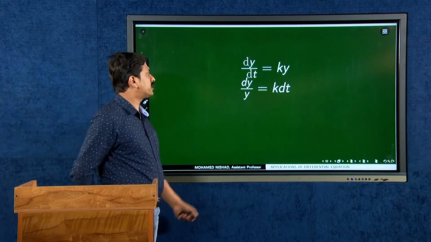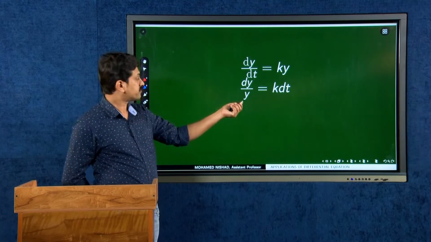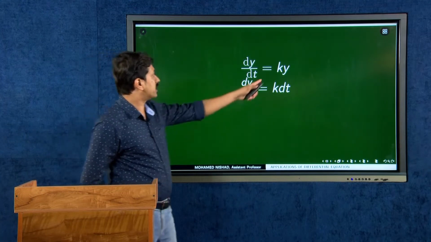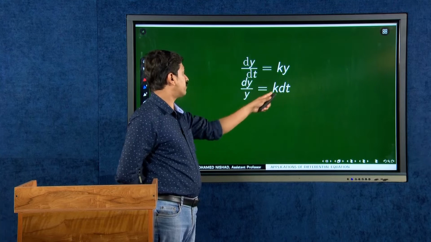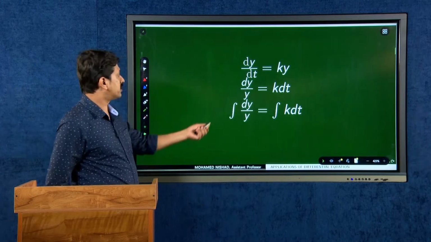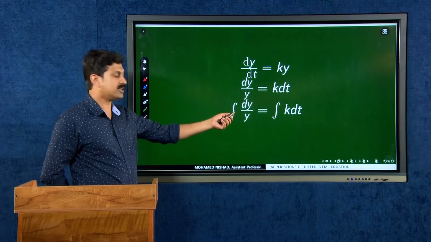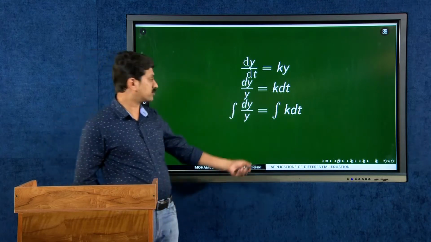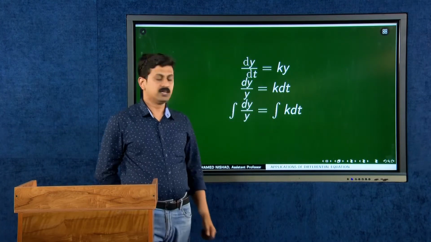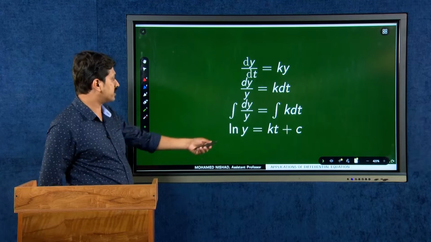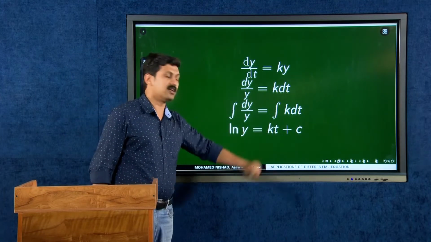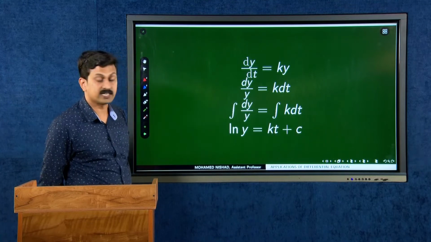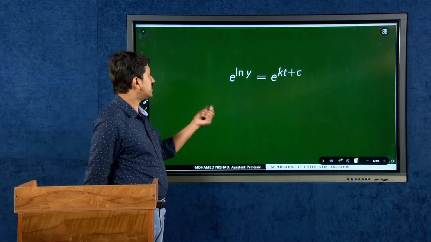Since dy by dt is equal to ky, we take y to one side and dt to the other, so we have dy by y is equal to k dt. Integrating both sides, we get the integral of dy by y equals the integral of k dt. So we have log y is equal to k t plus the constant of integration c.